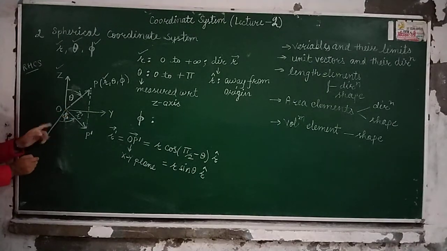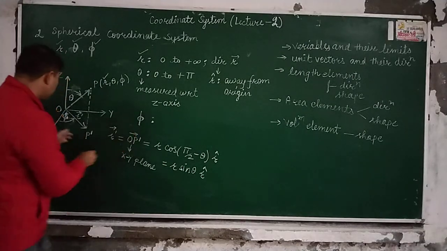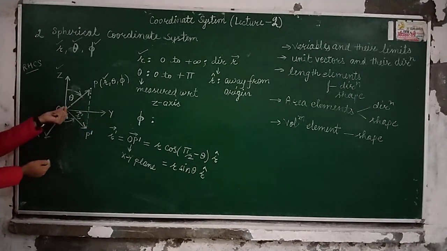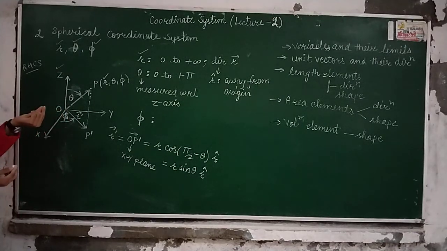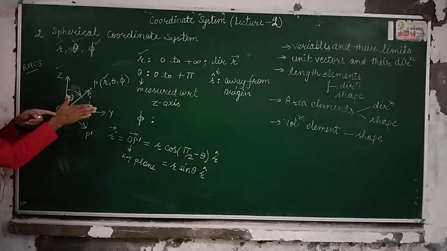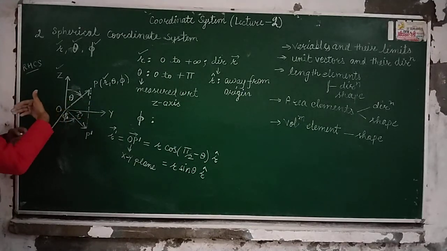So here what will be the limits? It is measured with respect to the x-axis, and the x-axis is perpendicular to the y and z axes. Assume the x-axis is perpendicular to the board, and r dash will start from the x-axis, then it will cover an angle of 2 pi.